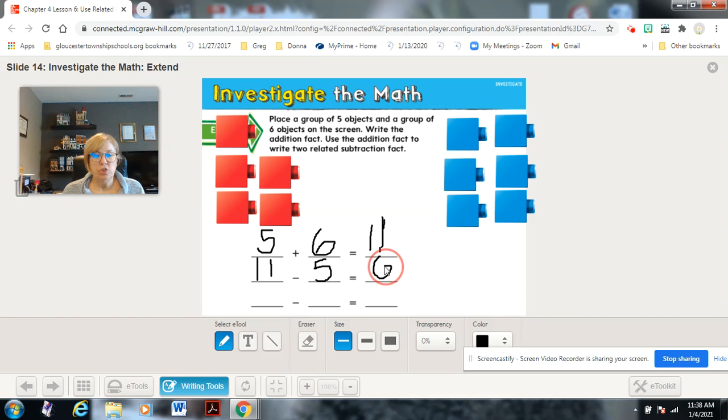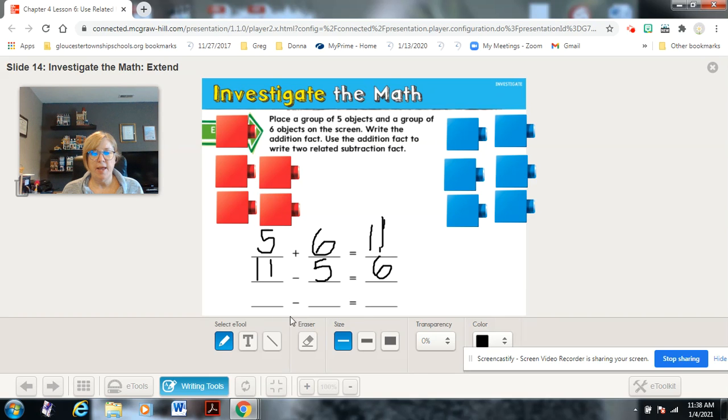But just to be sure I did it correctly, 11 minus 5 equals 6, I am going to double check. For those of you who would like to double check, this is a good time to do it. I know I took the 5 away. I'm going to double check how many I have left. 1, 2, 3, 4, 5, 6. And that matches the difference.